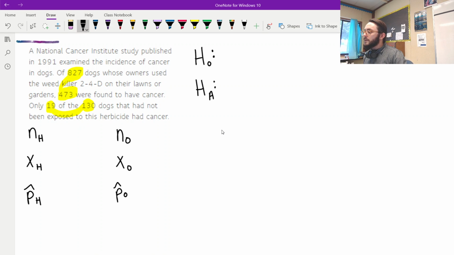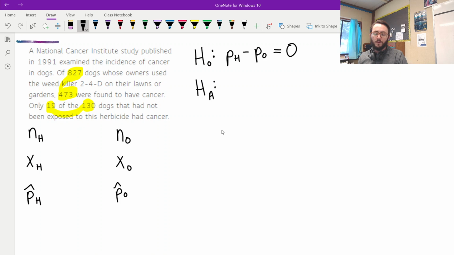All right, so what are we trying to see here? Are we trying to see that the herbicide increases cancer risk? So our null hypothesis would be that it doesn't, right? That nothing changes, that nothing happened. So that would mean that P sub H, not hat, just P sub H, minus P sub O equals 0.